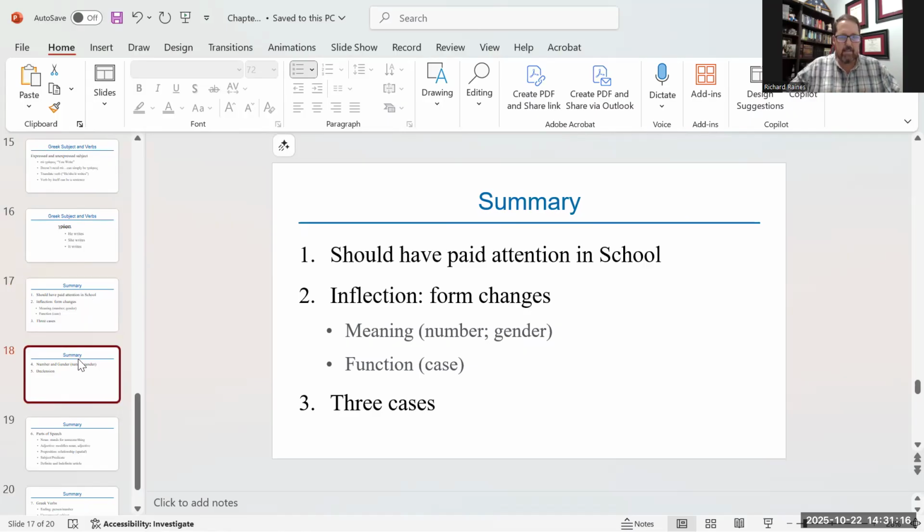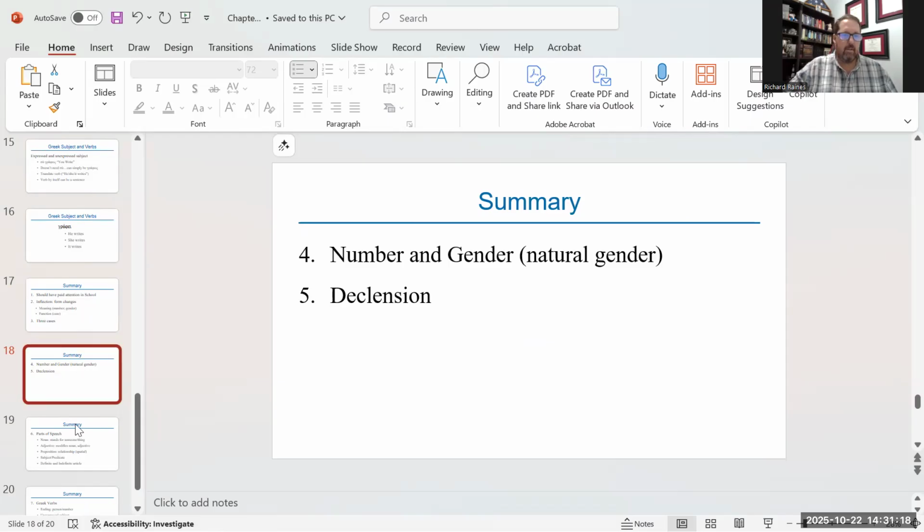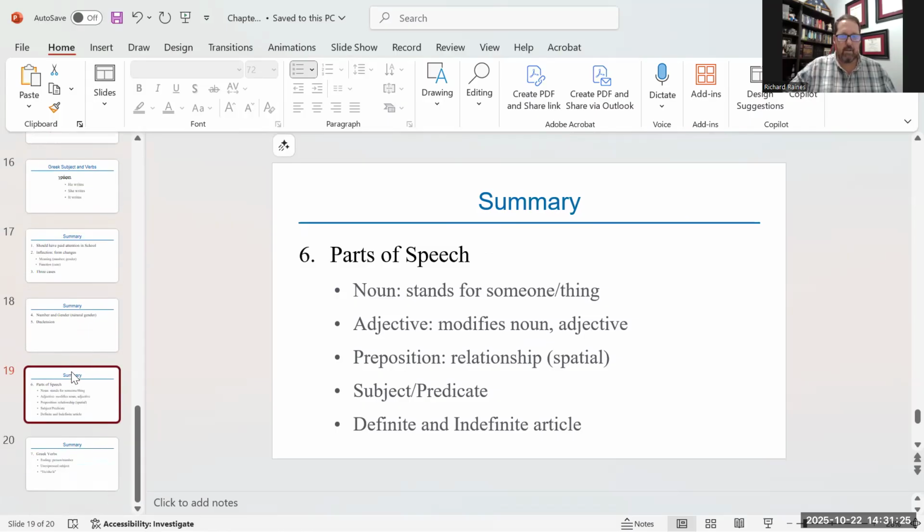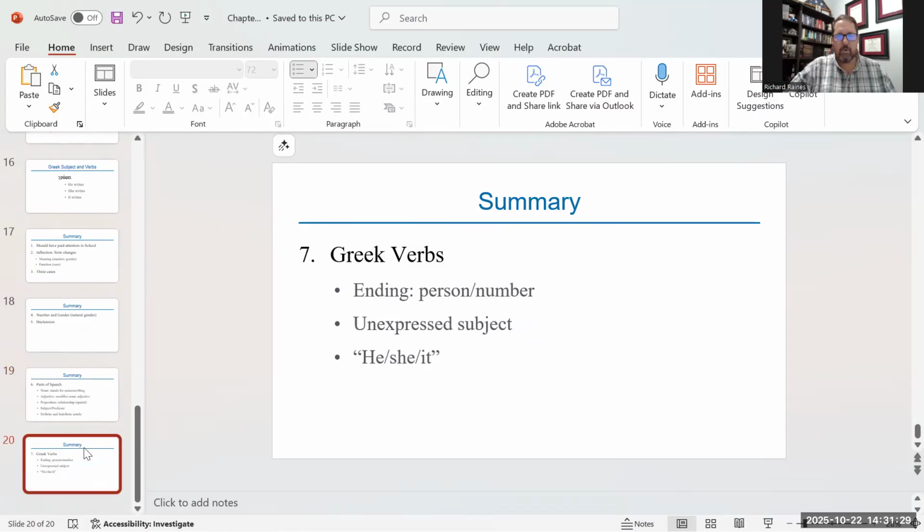And there are three cases. We talked about the different parts of speech: nouns, adjectives, prepositions, predicate, subject, definite and indefinite article. We talked about Greek verbs, expressed or unexpressed subject. So that's it for chapter 5.